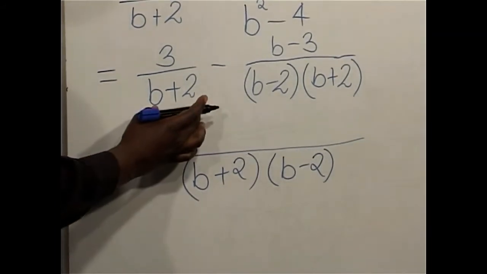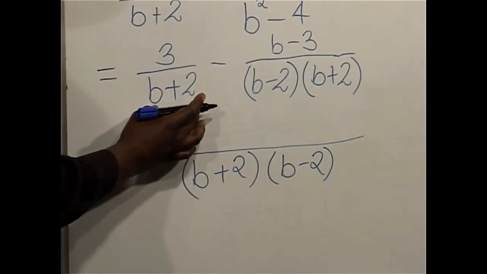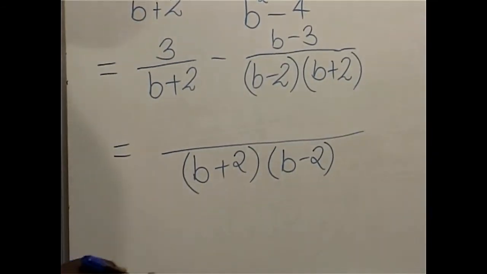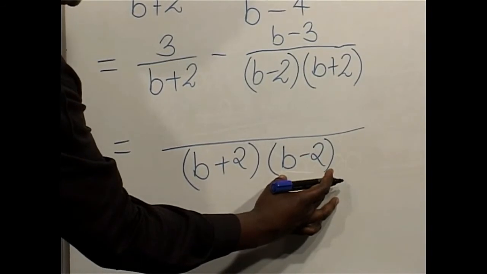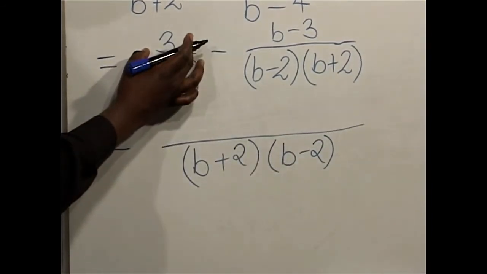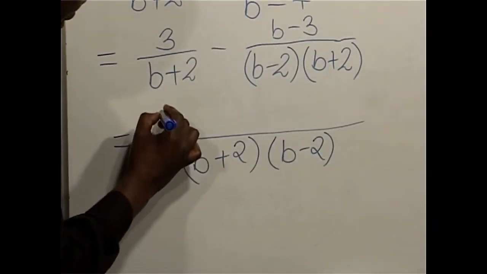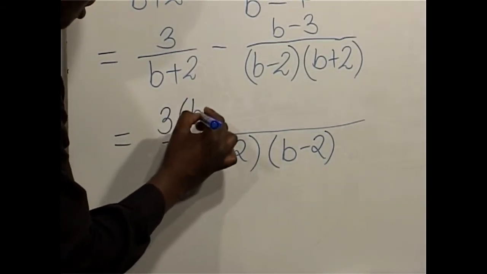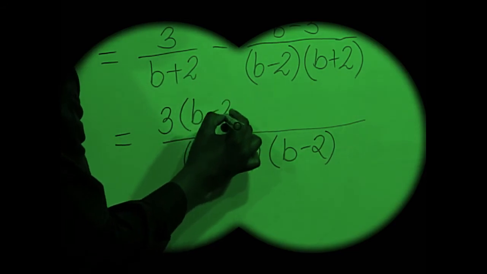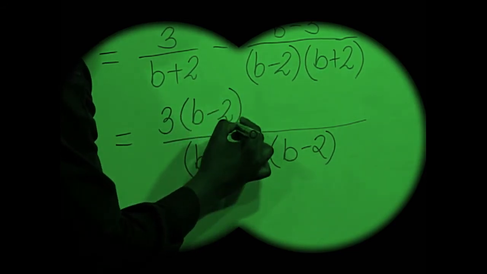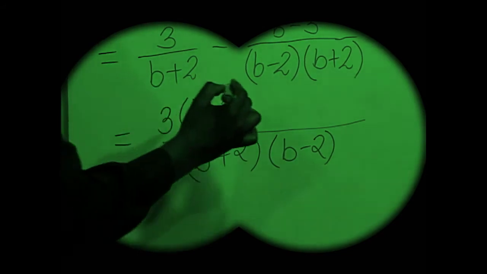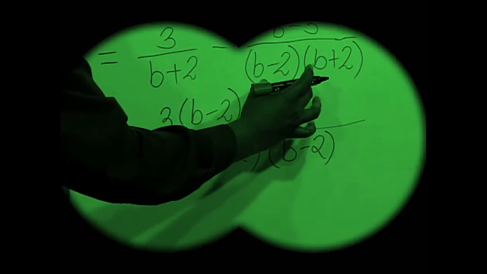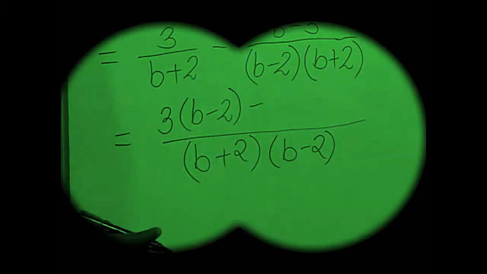The denominator b plus 2, when divided in this lowest common denominator, the result is going to be b minus 2, which must be multiplied by the numerator 3. So we are going to have 3 multiplied by b minus 2. We close. Then minus. Our second denominator is b minus 2 multiplied by b plus 2.